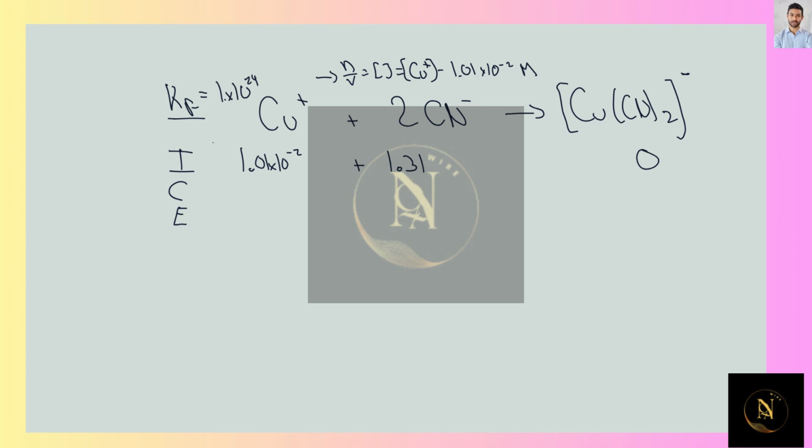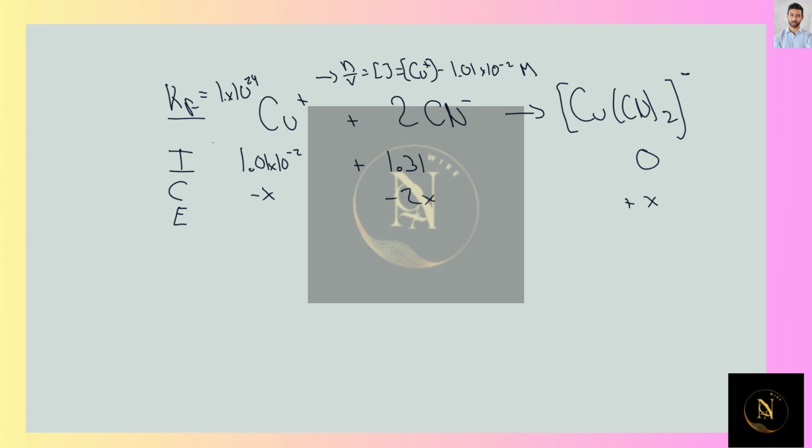We have these concentrations of cyanide minus and of copper plus in our solution. The amount of change that is going to react is going to be essentially a value of x. In this case, we would have minus 2x and we would generate x over here.